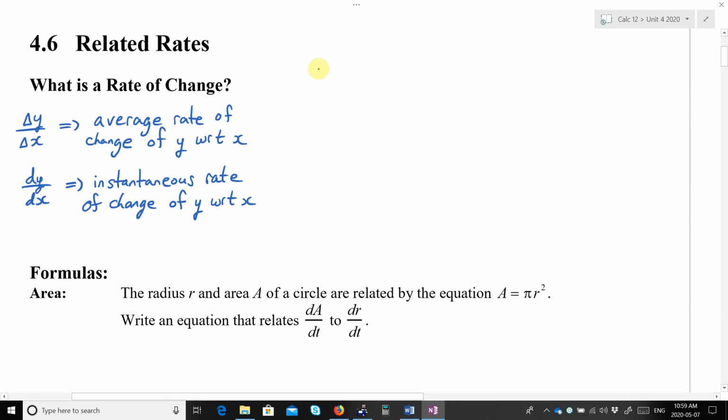And then we can apply this idea to velocity, which is ds by dt, which is the rate of change of position with respect to time.